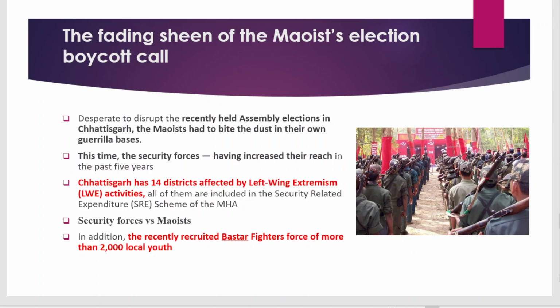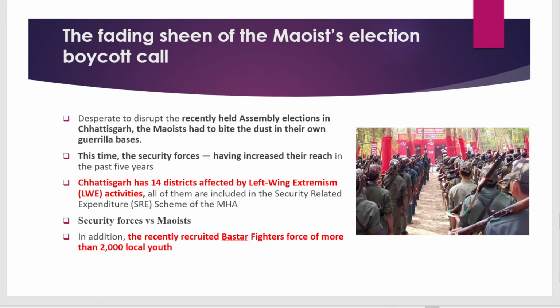And why I am telling you this: because recently the election was conducted in Chhattisgarh, and you know that Chhattisgarh is known for Maoist activity, Naxalites, left-wing extremism. The most dominated region where Naxalism is present is the Bastar region, and it comprises many districts, but we are not going into the nitty-gritty. We have to understand the perspective here.